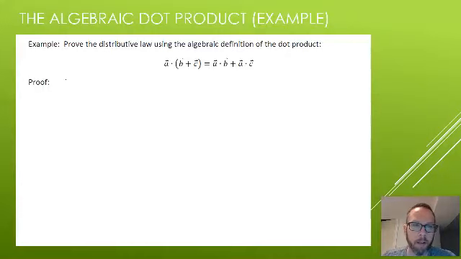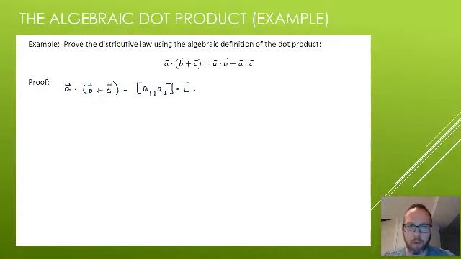So let us go ahead with that. A dotted with B plus C. Okay, so A is the vector A1, A2.